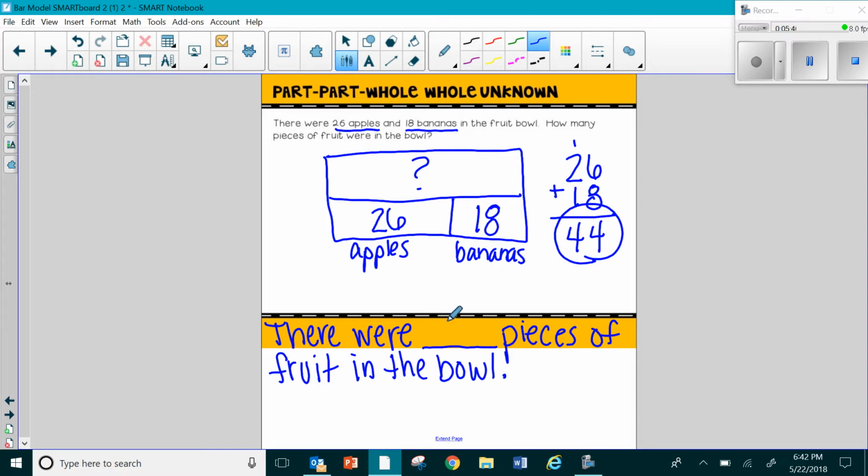So I'm going to go ahead and fill in my answer statement. There were 44 pieces of fruit in the bowl.